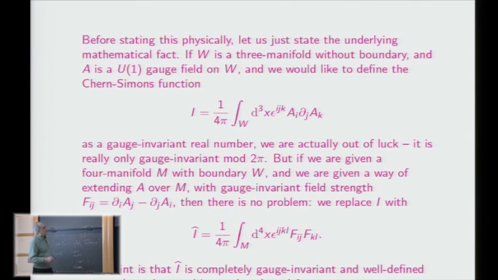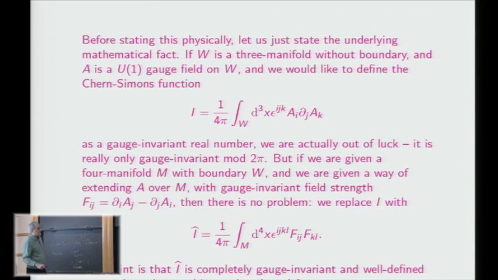And before stating this physically, I'll just state the underlying mathematical fact. So suppose W is a three-manifold without boundary, and A is a U1 gauge field in W, and we'd like to define this function as a gauge-invariant real number. Well, we can't. It's only gauge-invariant mod 2 pi. But suppose we're given more information. Suppose we're given a four-manifold M whose boundary is W, and we're given an extension of A over M, with the curvature or gauge-invariant field strength being the usual thing.